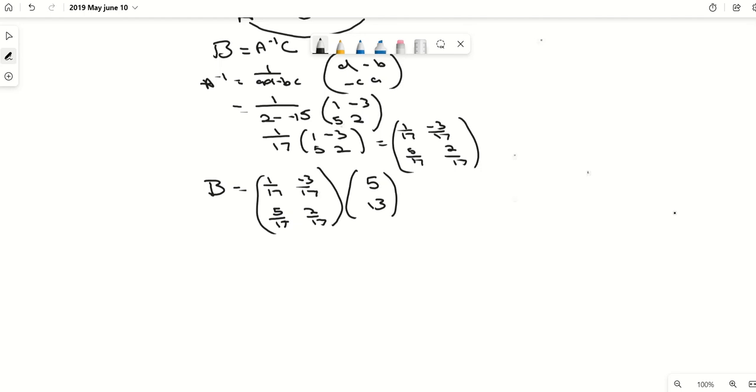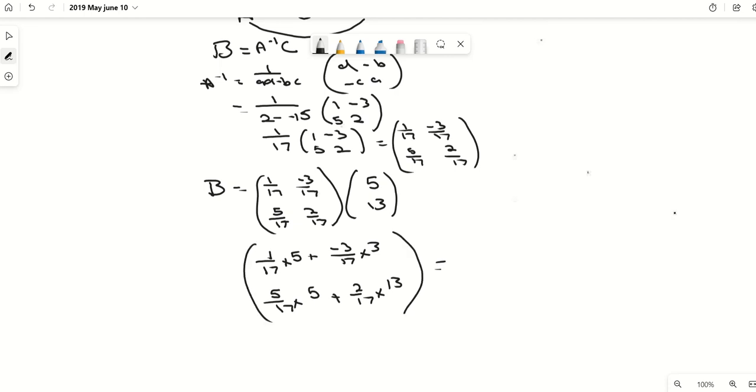So we're going to do this the short version. It's row by column and then row by column. So it's 1 over 17 multiplied by 5 plus minus 3 over 17 multiplied by 3. And then 5 over 17 multiplied by 5 plus 2 over 17 multiplied by 13, right?